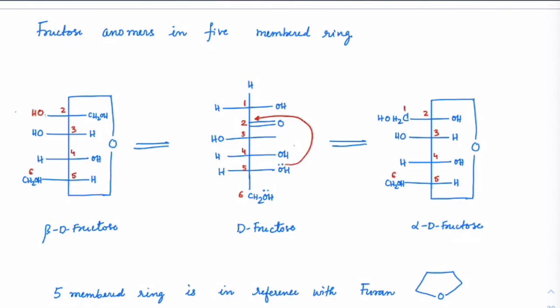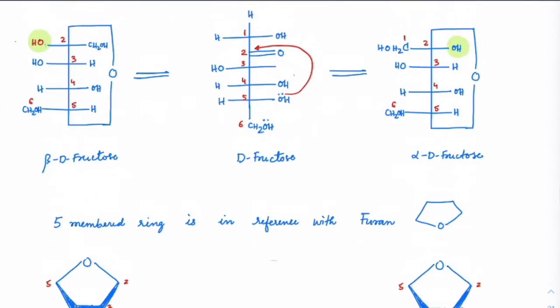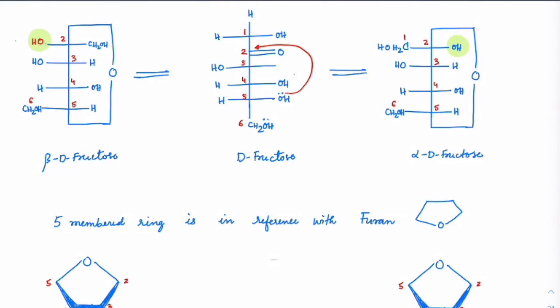So now it is making a 5-membered ring: 1, 2, 3, 4, and 5. With this side OH, it is alpha-D-fructose. If it is on the left hand side, it is beta-D-fructose. In this, the 5-membered ring is in reference to furan.